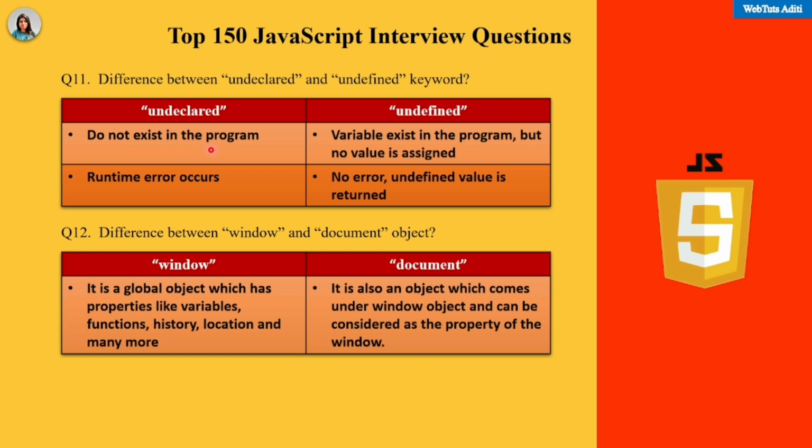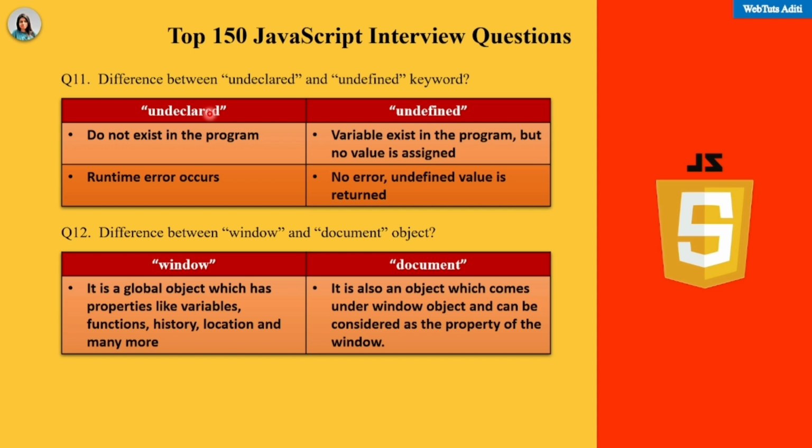But what JavaScript does is it assigns a value to it as undefined. You can see over here, the variable exists in the program, but no value is assigned. So JavaScript assigns a default value to it, that is undefined. It's basically an indication.